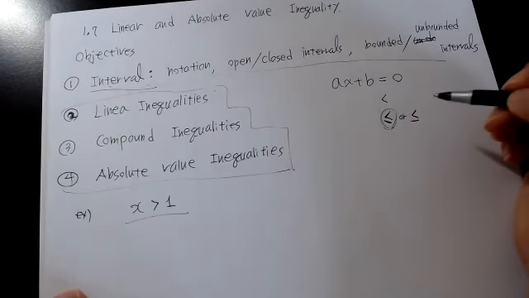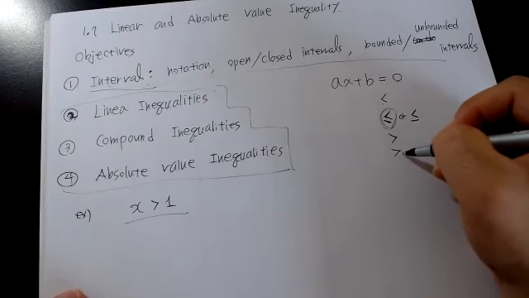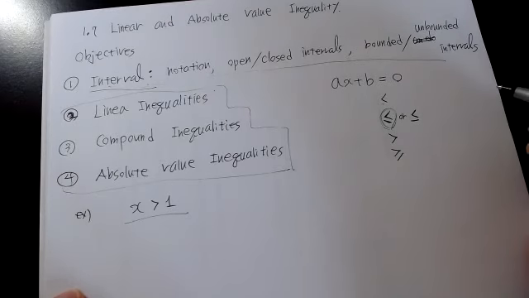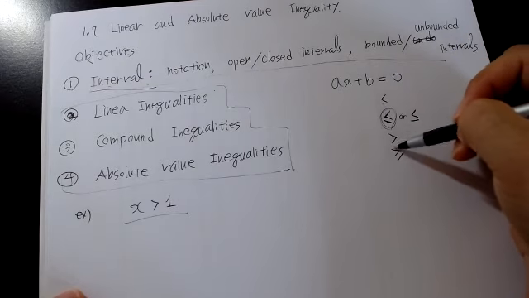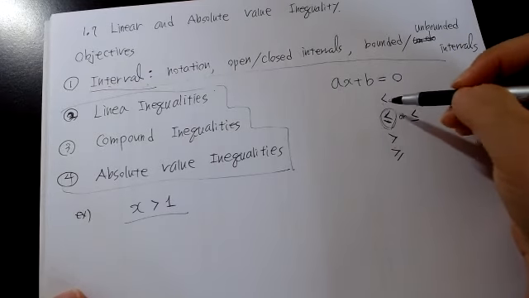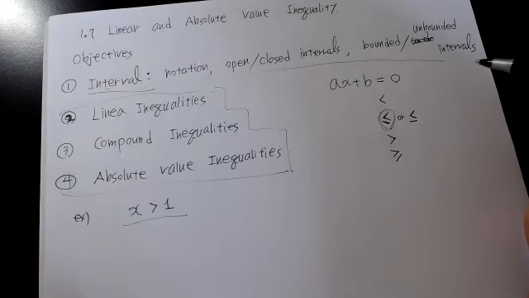I prefer to use this one. So replacing the equal sign with one of four inequalities gives a linear inequality with one variable.